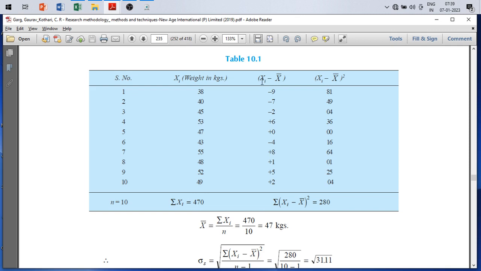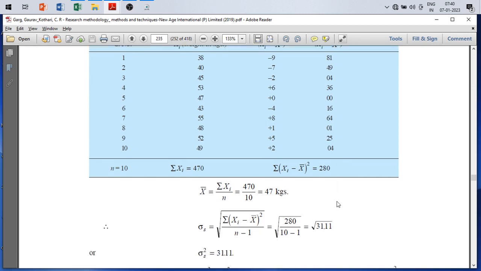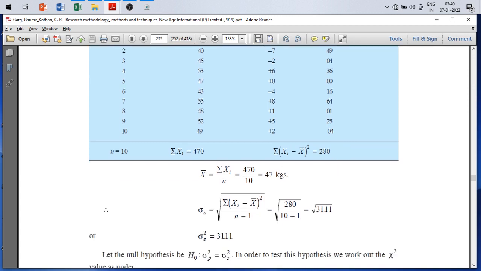Then you work out the deviation xi minus x bar, the square of deviation and sum of squares of deviation. It turns out to be 280 here. We can work out the standard deviation of the sample, which is defined like this, you already know, square root of sum of square deviation over n minus 1. It turns out to be this.